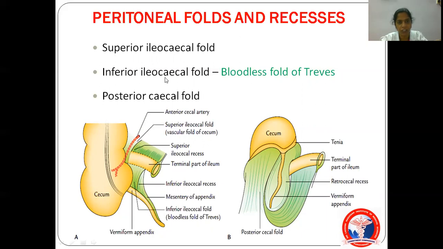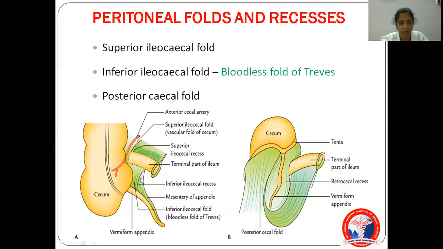The next one is the inferior ileocecal fold. Here you can see a fold below the terminal part of the ileum. It connects the ileum and appendix. So this is called the inferior ileocecal fold. Under that fold, there is a space called the inferior ileocecal recess.